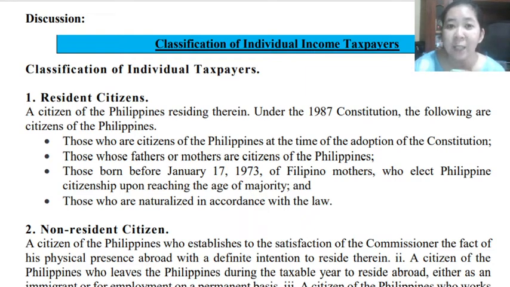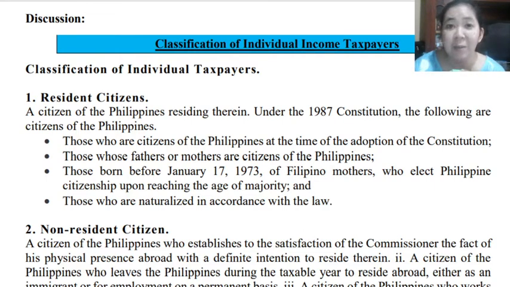Please take note that this classification of individual income taxpayer is very important in taxation, because this will determine what income of these taxpayers is taxable.